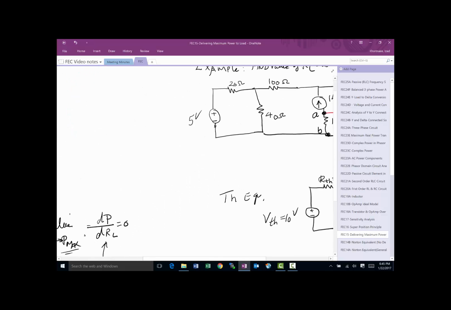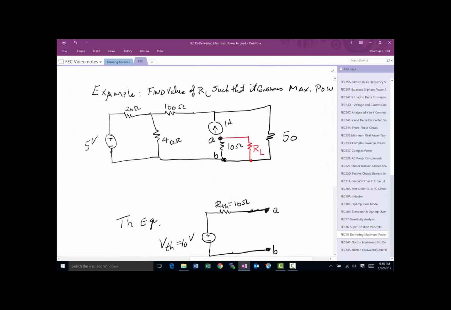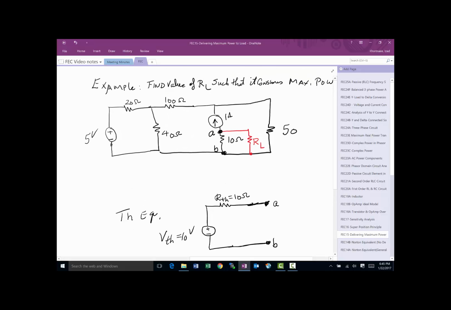So here's basically what we do. Now let's take a quick example. Let's say someone gives you this circuit and asks at what point this would get the maximum power. The only thing you have to do is take the RL out of here, and then find the Thevenin equivalent with respect to A and B. Of course, this doesn't have any independent sources in it, so R Thevenin is equal to R AB equivalent when all the sources are deactivated.